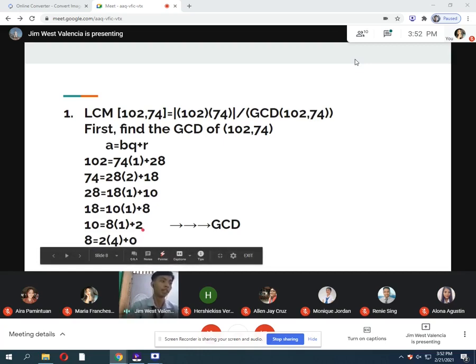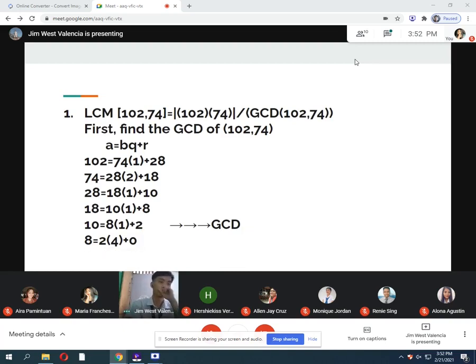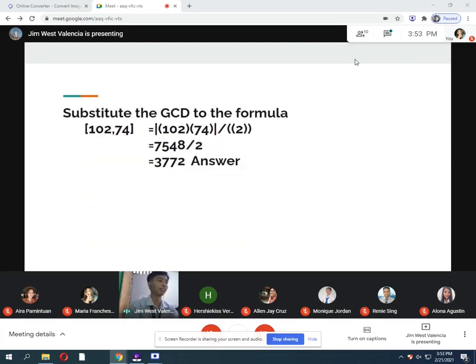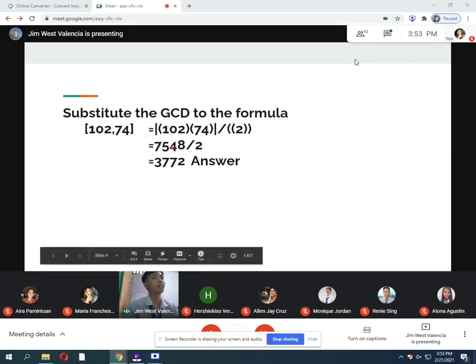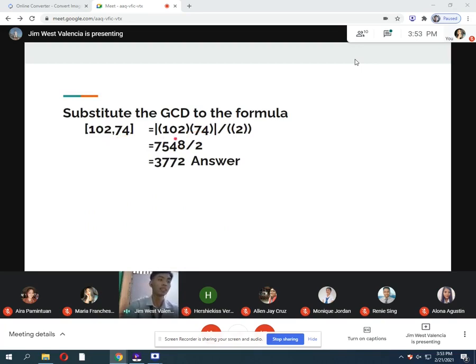Okay? Malinaw po ba tayo dyan? May katanungan po ba tayo? Kung wala, proceed na tayo. Substitute na natin yung value ng GCD. So, substitute the GCD to the formula. Absolute value of the product of A and B, which is ang A and B natin is 102 multiplied to 74, then divide to the GCD.